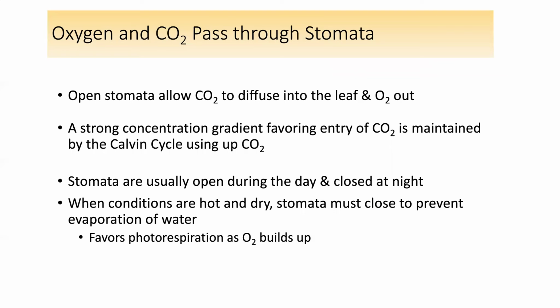So if you remember our lecture from the other day, the Calvin cycle is where we use carbon dioxide and fix it to our RuBP in the first step of making our G3P precursor carbohydrate. And because the Calvin cycle is using up CO2, as the carbon dioxide comes into the leaf and into those cells, it's being used up. So it's helping us to maintain this concentration gradient.